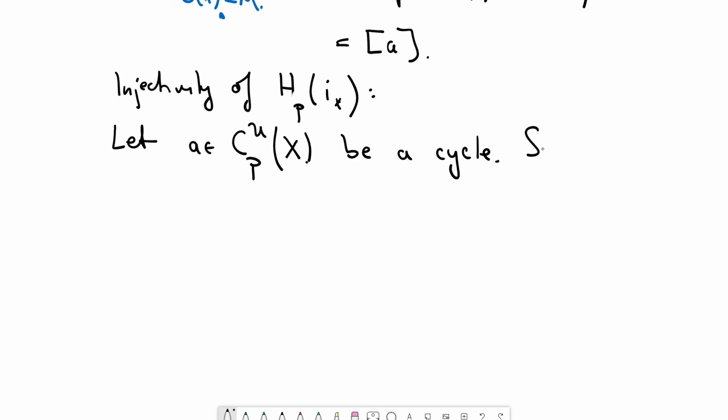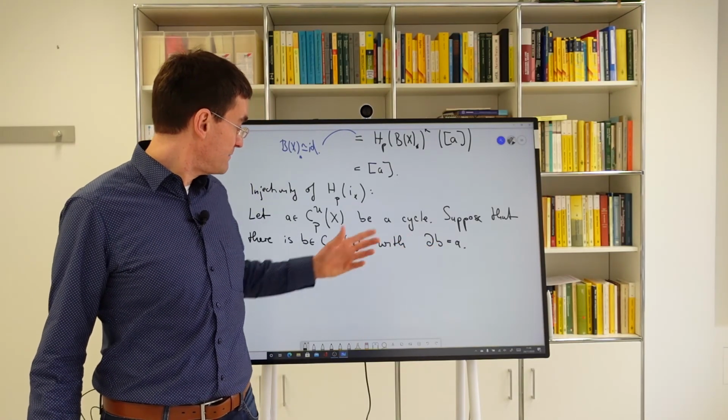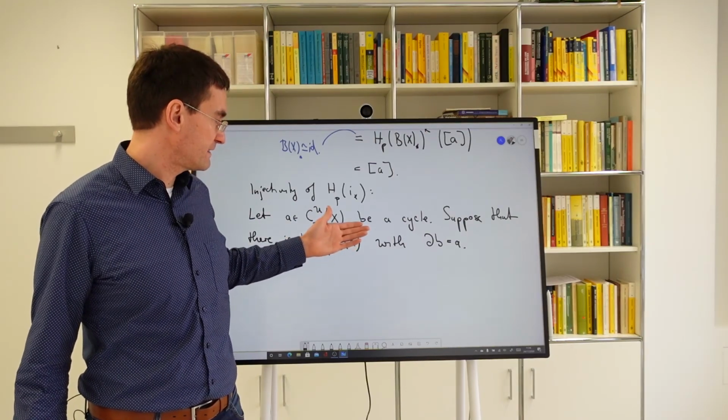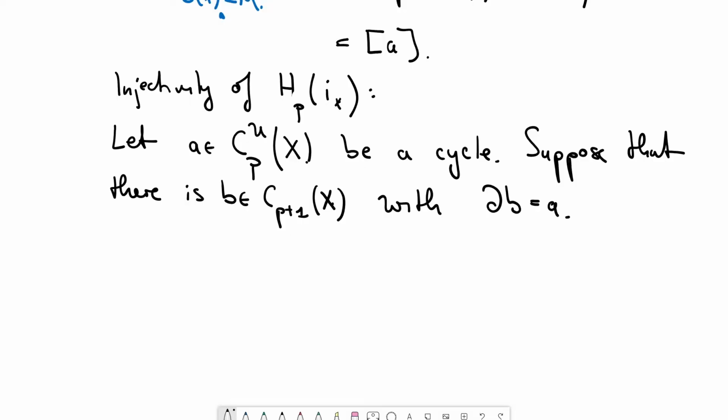So suppose it is a boundary in C star X. So suppose that there is a B in C_{p+1} with boundary of B is A. Now we have to manufacture somehow out of B an element in C_{p+1}^U(X) that has the same property, that its boundary is A. Of course, what shall we do? We apply the barycentric subdivision operator to B. What else could we do at this point?